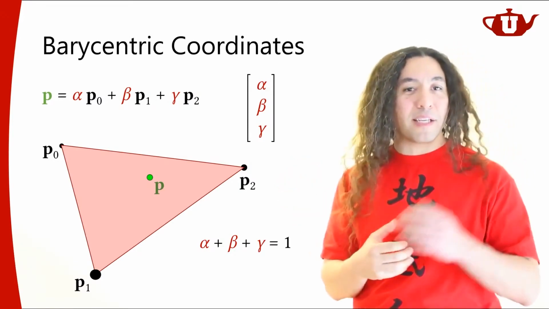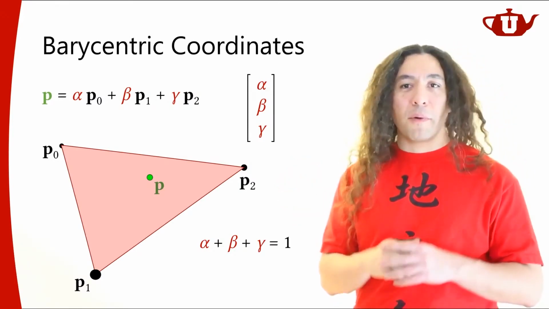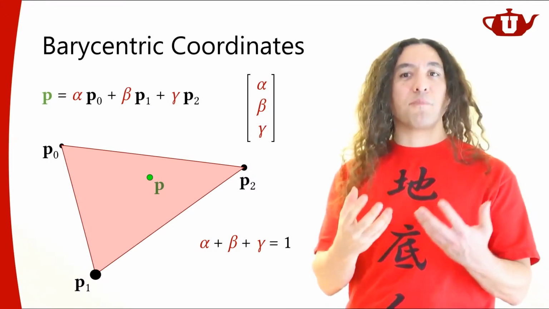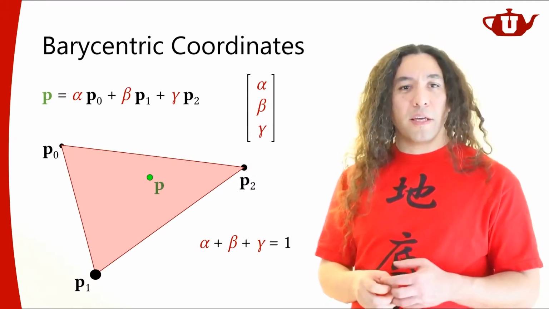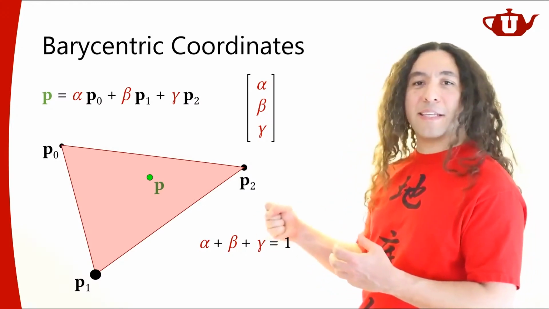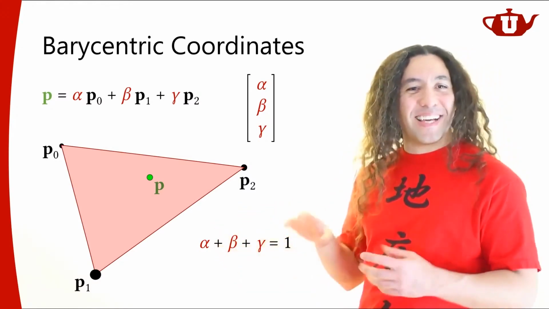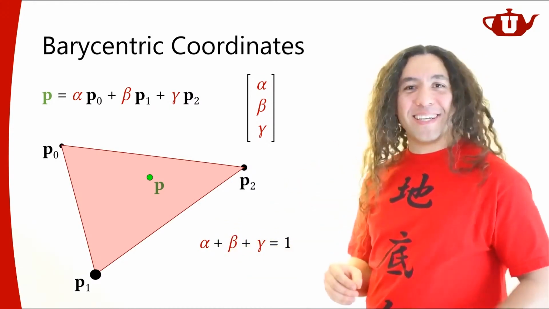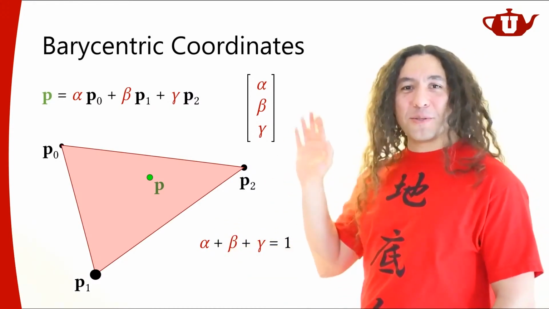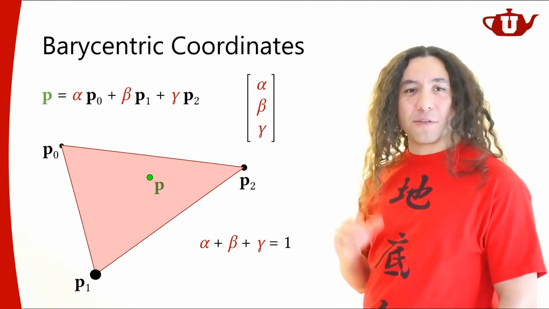So we talked about this while we were forming curves. Whenever you're averaging things, they must add up to 1. If they don't add up to 1, you're sort of secretly adding a zero vertex here somewhere, right? That has the remaining weight. So whenever you're doing an average of 3 values, they must add up to 1.